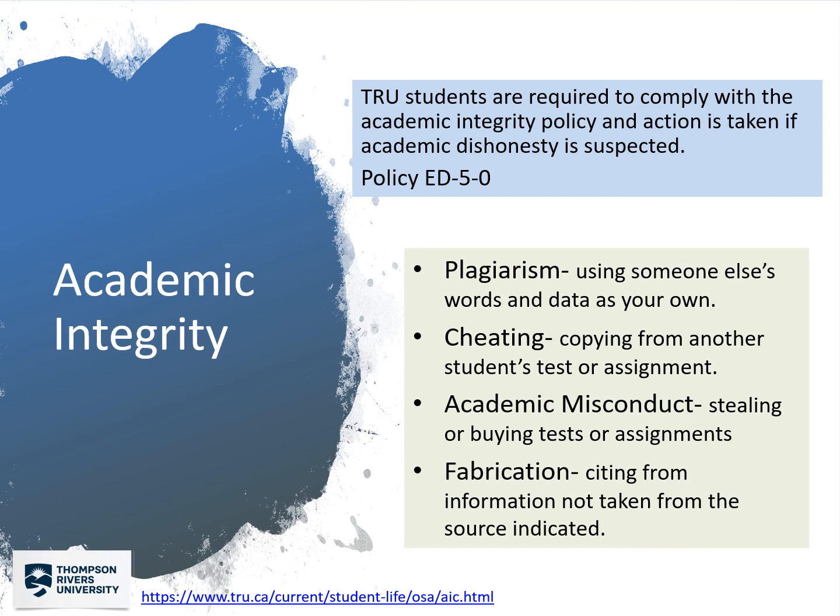There are different examples of academic dishonesty, which are plagiarism, using someone else's words and data as your own, cheating, copying from another student's test or assignment, academic misconduct, stealing or buying tests or assignments, and fabrication, citing from information not taken from the source you indicated.